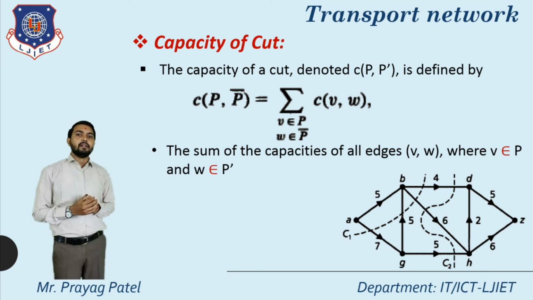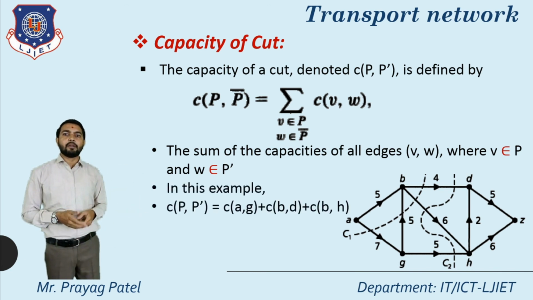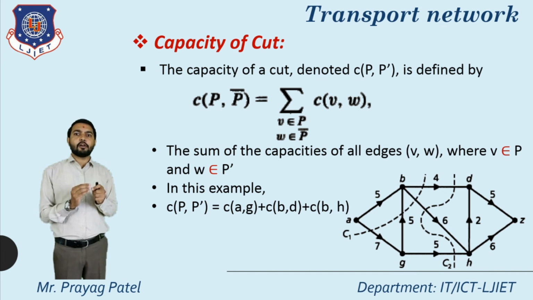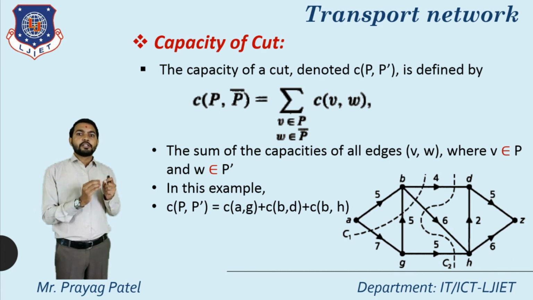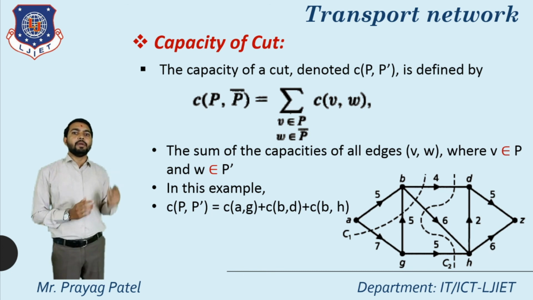Remember that for any edge being removed, the first element must come from the first set P and the other element from the other set P dash. So in this example, the capacity of the cut equals C of AG plus C of BD plus C of BH.